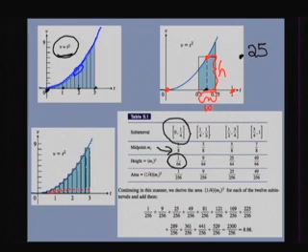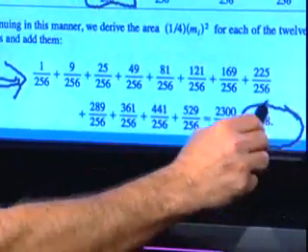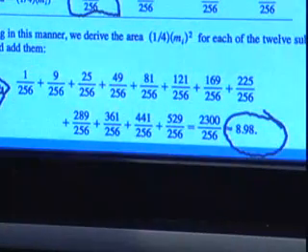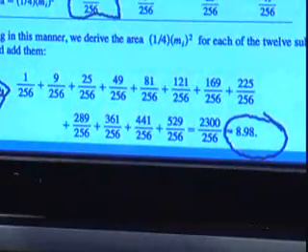And then we multiply the midpoint times the height, and we get 1/256 as the area of the first rectangle. I'm not going to take you through every rectangle, but you can see down here that each of the areas of the rectangles are written down, and there's 10 of them, and this number here is the approximation, and that number is 8.98.